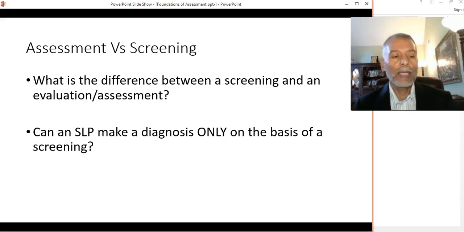So the idea is you do a screening in order to confirm that the concerns that you or someone else has are valid, and the most important part is to determine if a full speech language evaluation is required.